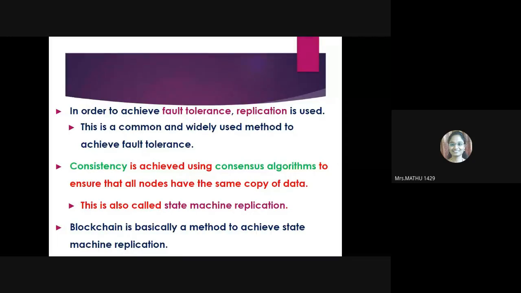But suppose your system corrupts and all your files have crashed, or the notebook in which you have written the password is lost. Then what happens? If you forget your password too, then you will not be able to recover certain things.